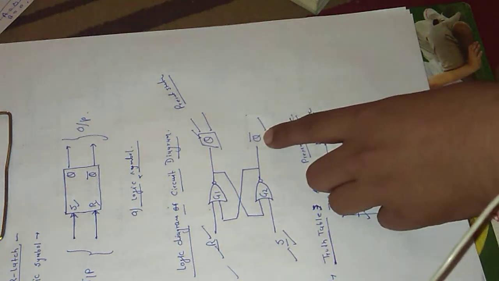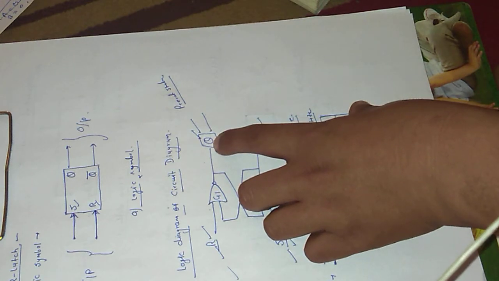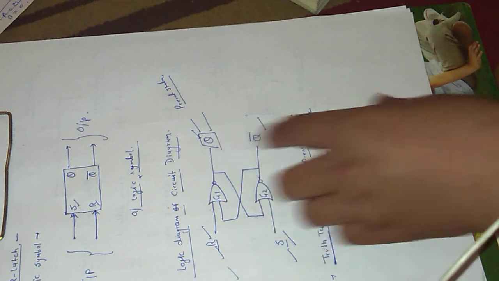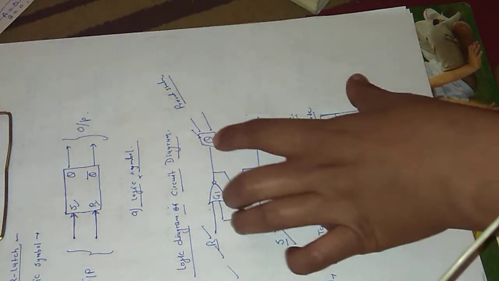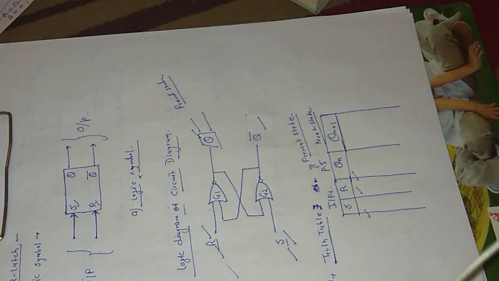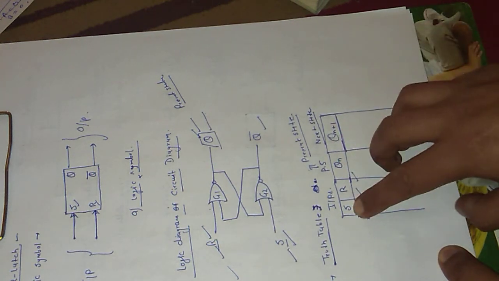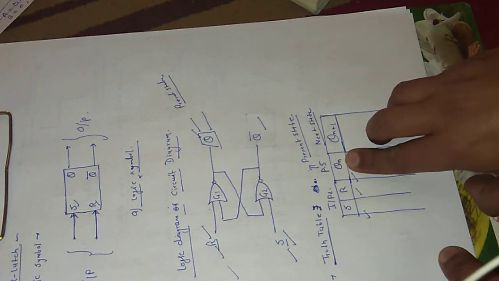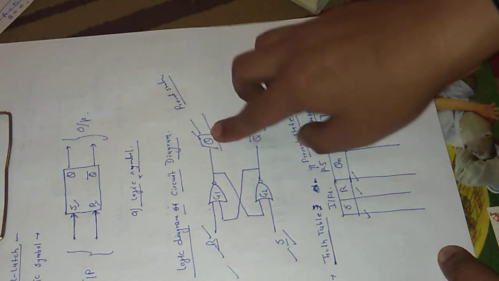Q bar is the complemented version of Q, and Qn plus 1 is the next state of Q, which depends on the values of S, R and the present state Qn. So Qn plus 1 is the next state, not the complement of Qn.